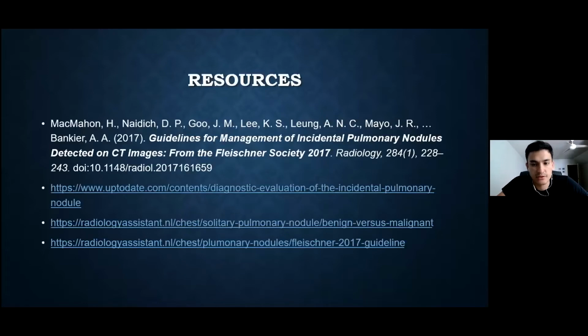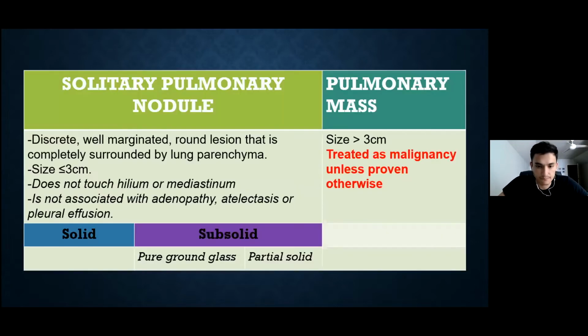The resources I used were the Fleischner Society guidelines for management of incidental pulmonary nodules, information from UpToDate, and Radiology Assistant. First, it's important to differentiate between a pulmonary nodule and a pulmonary mass.